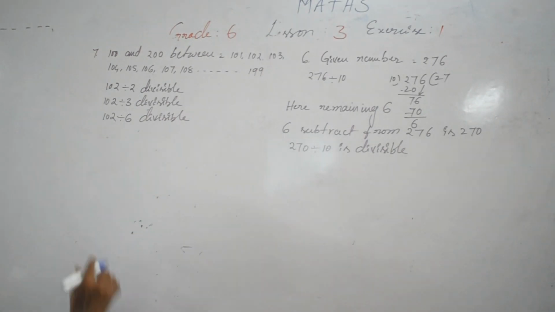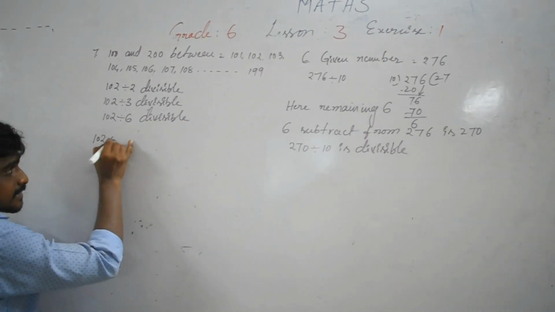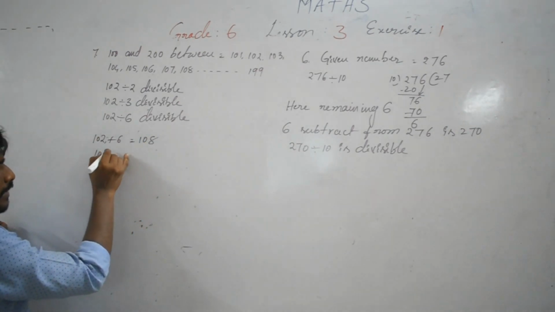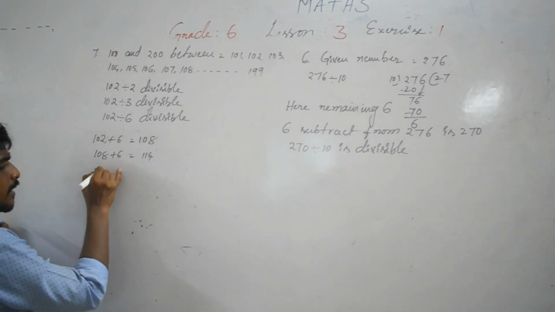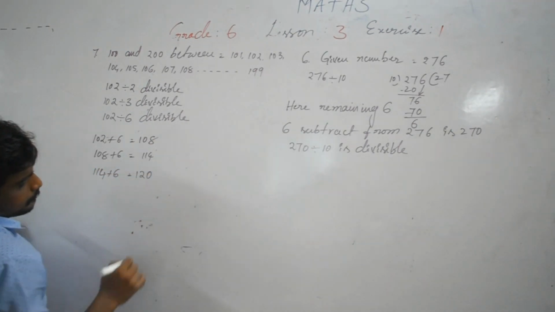So from this number you keep adding 6. 102 is divisible by 6. Next number, 102 plus 6 is 108. 108 plus 6 is 114. 114 plus 6 is 120.